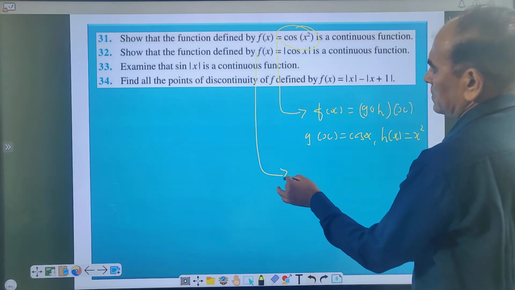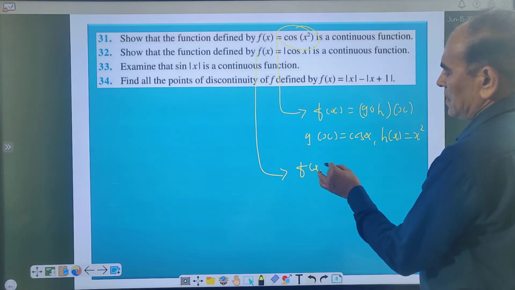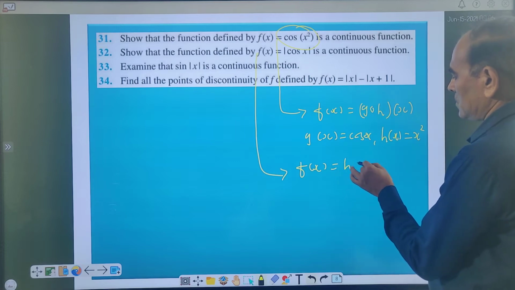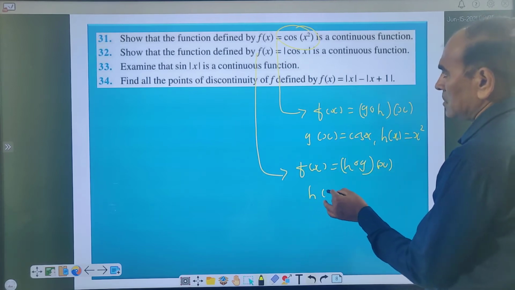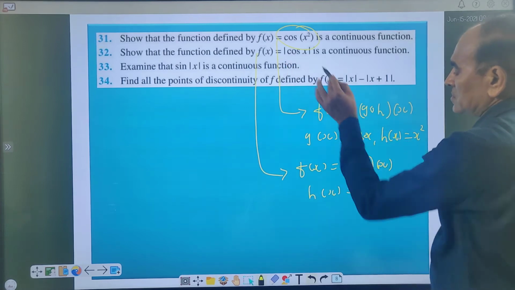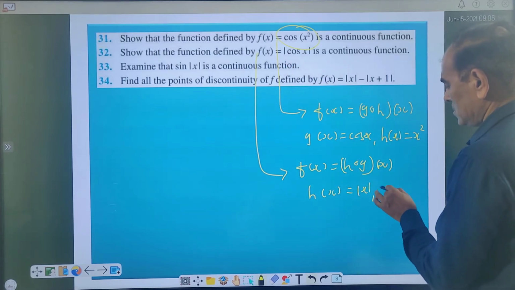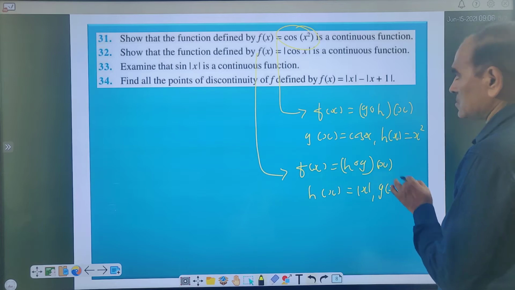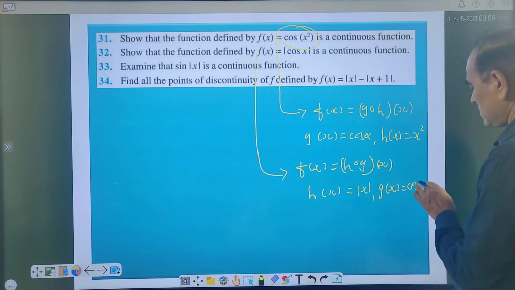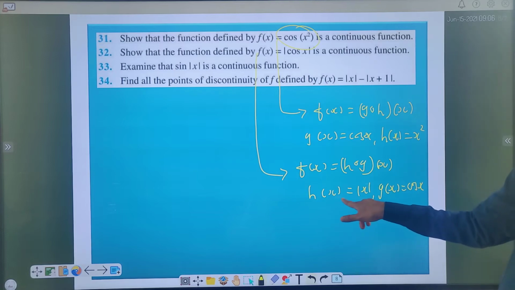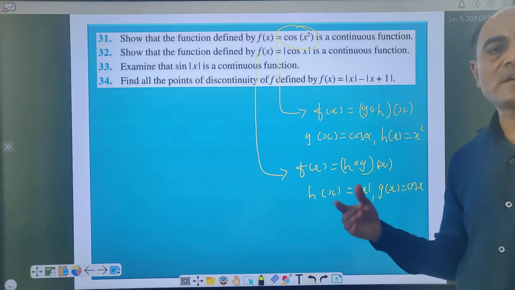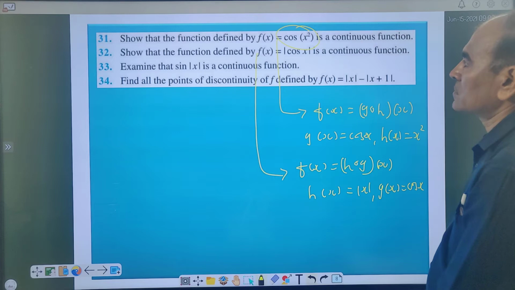For this one, what do we have to take? For this part, in the same way, f(x) is equal to h o g at x, or you can take any one. h(x) is equal to the first function, that is modulus x. g(x) is the second function, that is cosine x. Once again, these two functions are continuous, and the composition is also continuous.